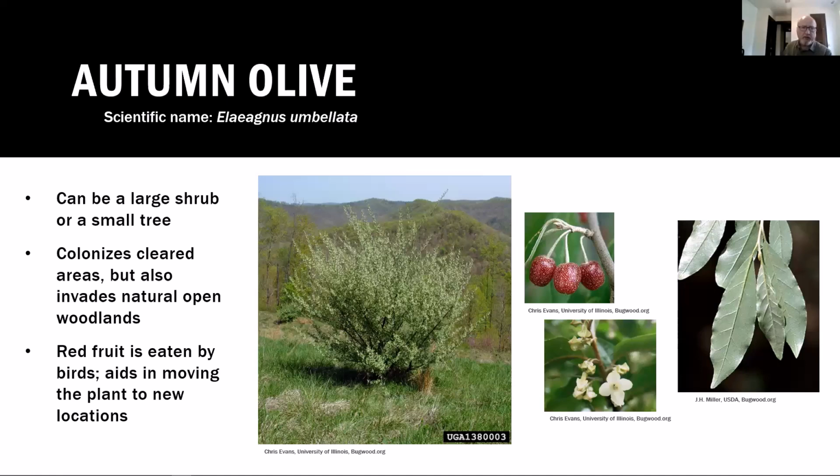So our first species here is autumn olive, and it's in, not sure the common name of the family, the Elaeagnus family, and it is characterized by these scales, especially on the bottoms of the leaves. It gives it that real silvery look you see on the right. On the fruit photo there, you can see more specifically the individual scales.